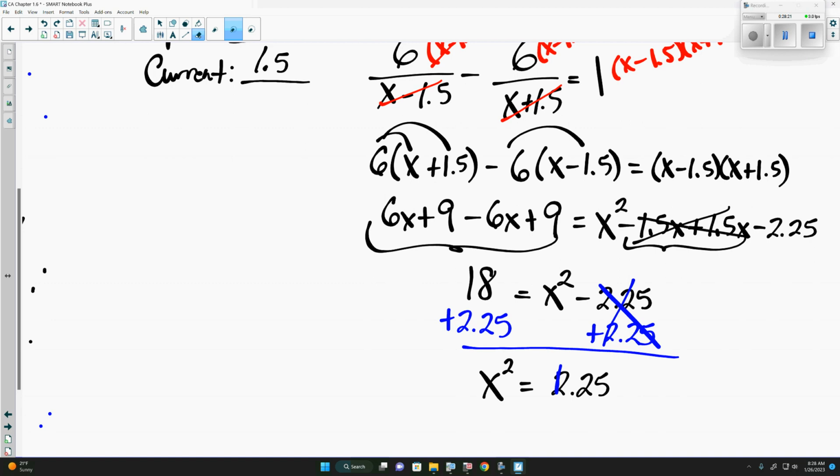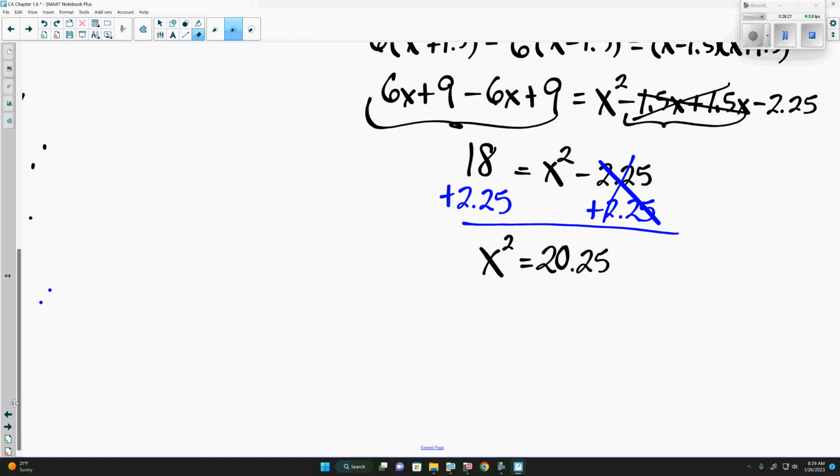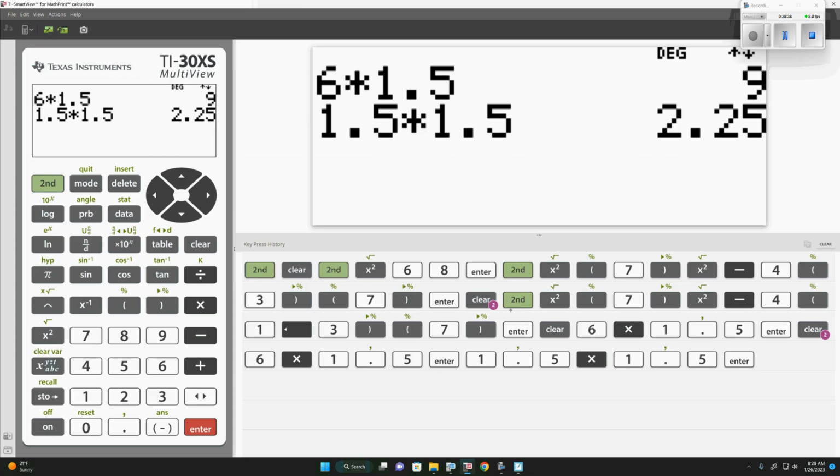I think this is the most mistakes I've made in a single lesson, isn't it? Yeah. Square root both sides. X is equal to. Definitely plugging this in a calculator.